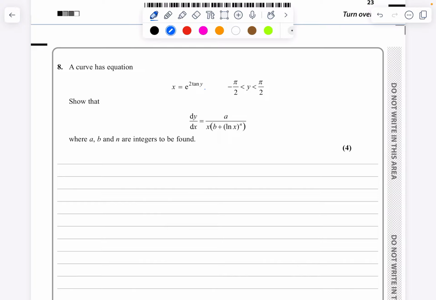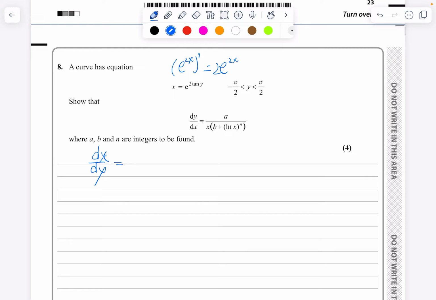For this, we can do something like dx over dy would equal to, this is very ugly. Let me think. So first of all, we know that the derivative of e to the 2x will equal 2e to the 2x, right?